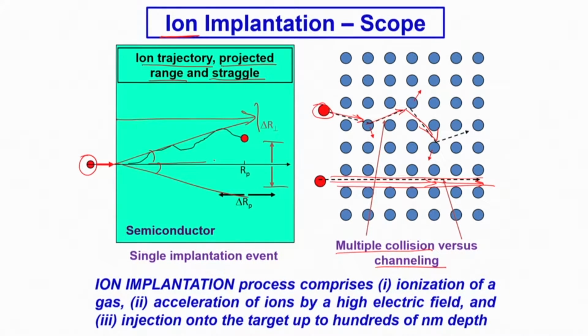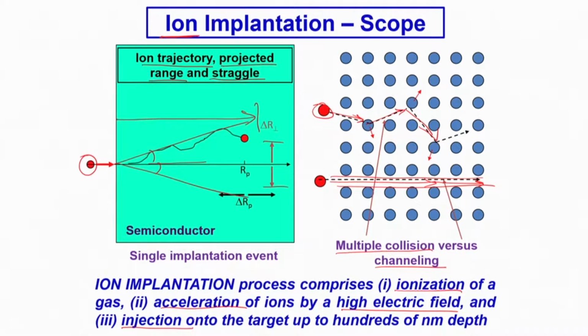The total ion implantation process has certain elementary steps. First is ionization of the species that we want to implant, then acceleration of the species. As we introduce the species into the chamber, we need to accelerate it to a very high velocity by application of a very high electric field of the order of a few keVs to MeVs.